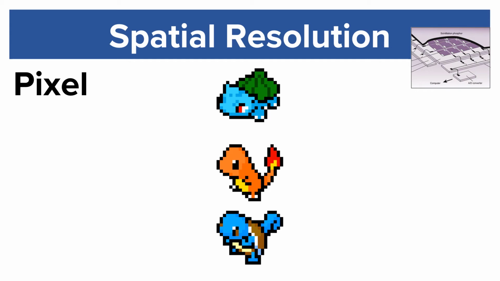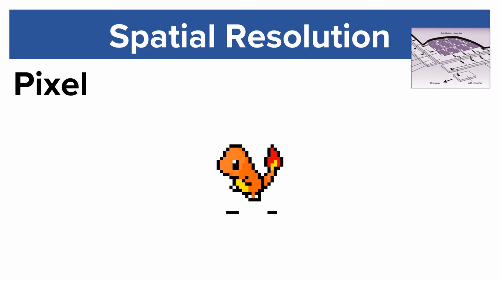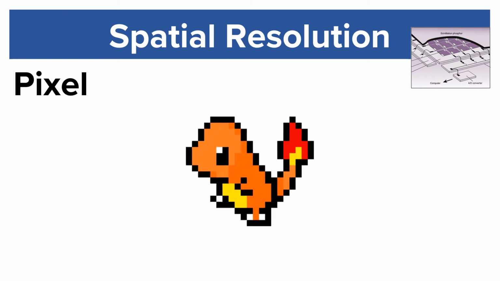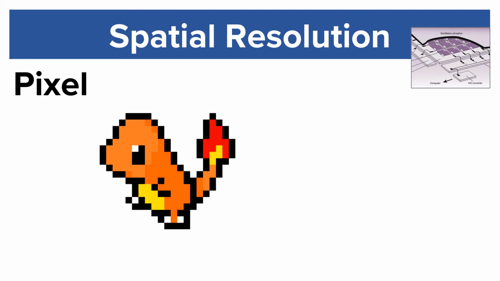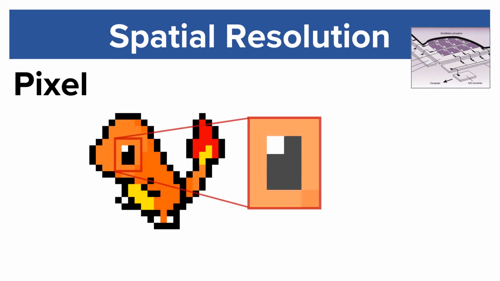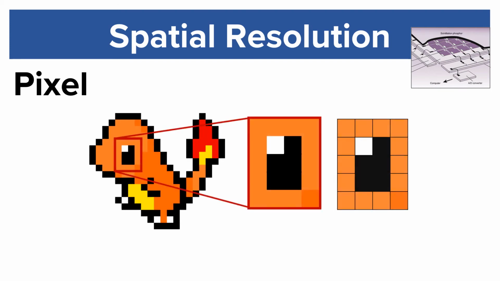A pixel is the smallest unit of a digital image. Let's take a look at Charmander here. As we zoom into Charmander, and zoom even closer to his eye, we can see that his eye is made up of individual pixels.